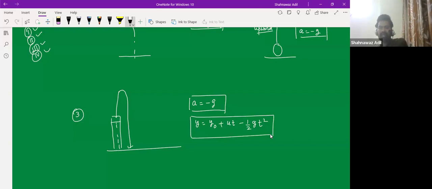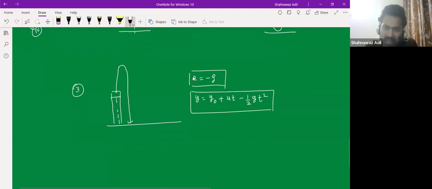Let's say I ask you the time it takes. You throw the object with 20 meter per second, and the rooftop is 10 meters high.